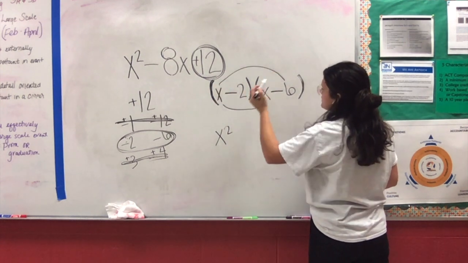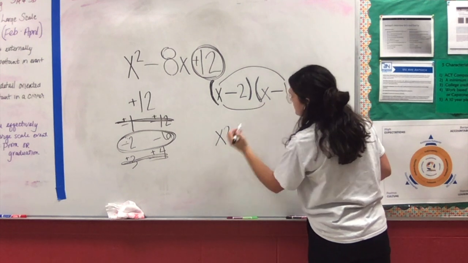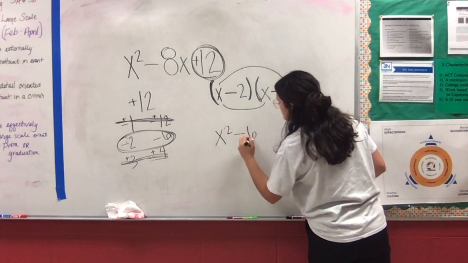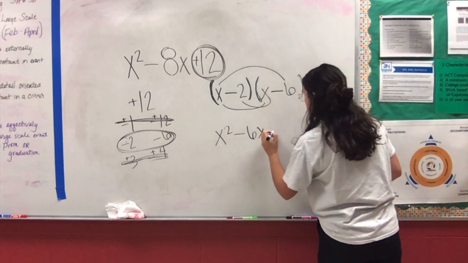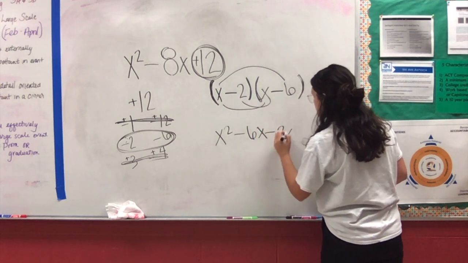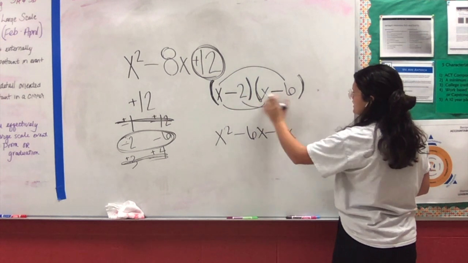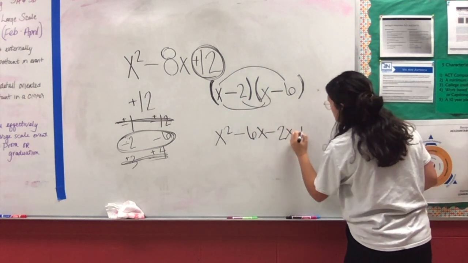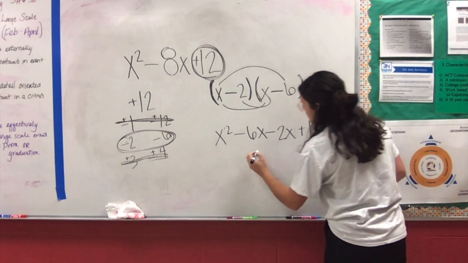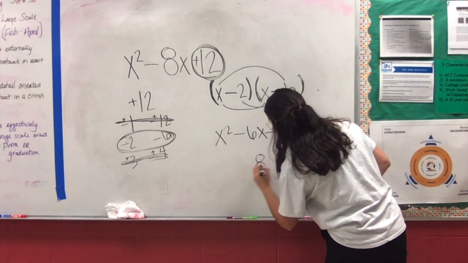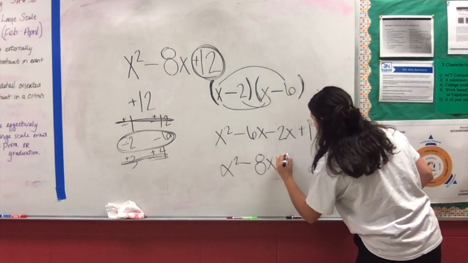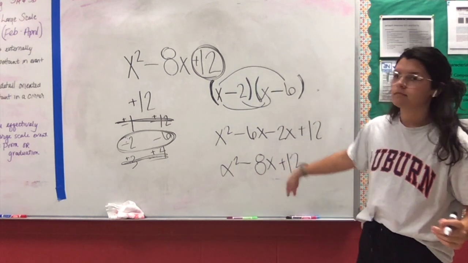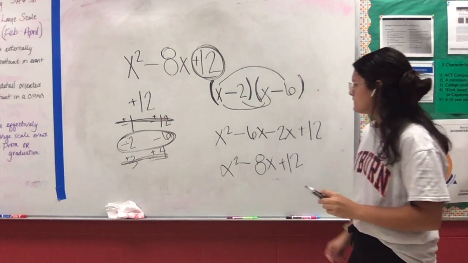So negative 6 times x equals negative 6x. We do our inners. Negative 2 times x is negative 2x, and then we do our lasts. Negative 2 times negative 6 is 12. Add these together to get negative 8x. x squared minus 8x plus 12. And that is our answer.